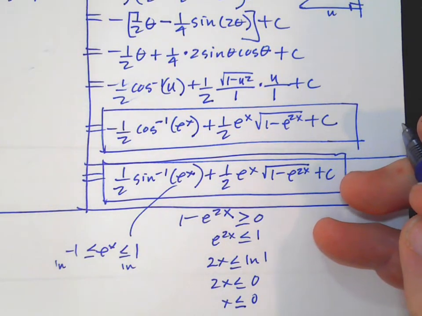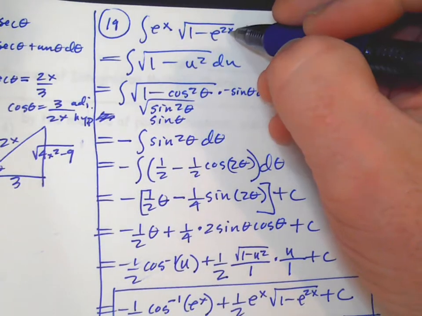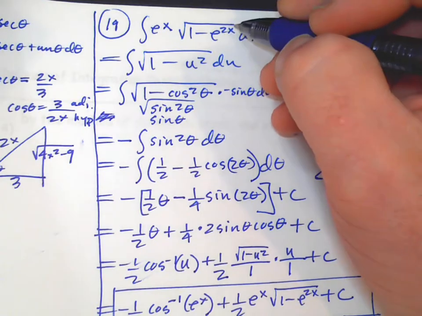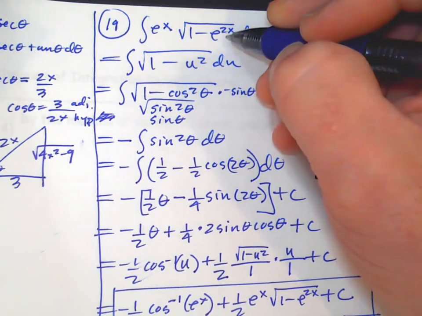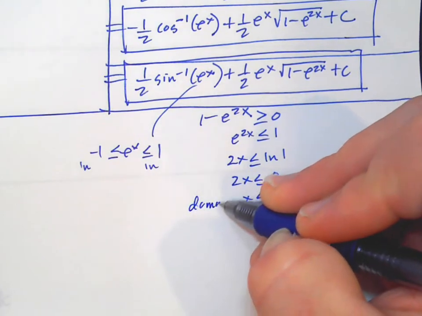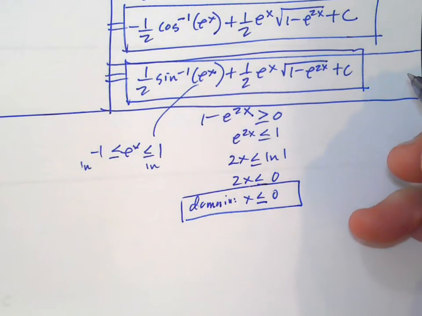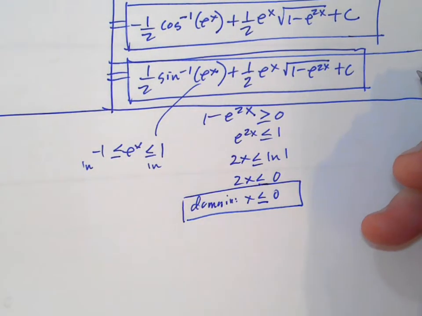If x equals 0, e to 0 is 1. So that's the boundary case. If x is bigger, then this is going to become negative. So the domain of this problem is that x has to be less than or equal to 0.